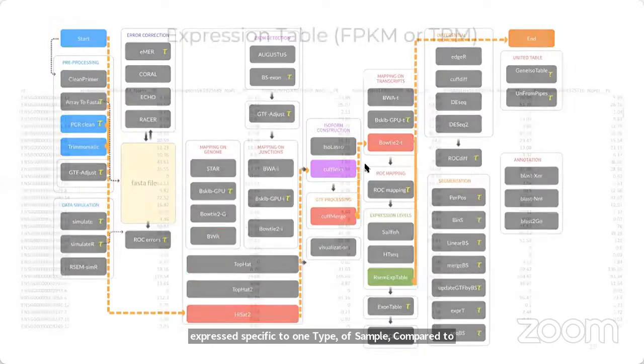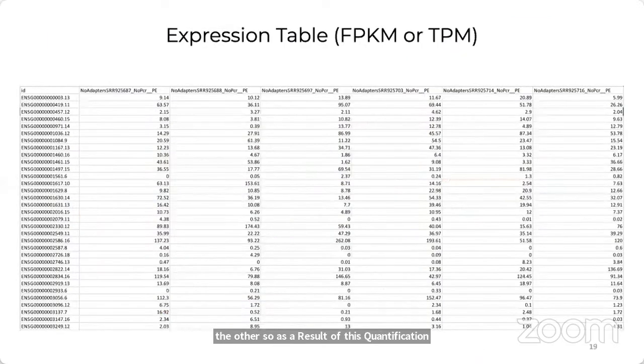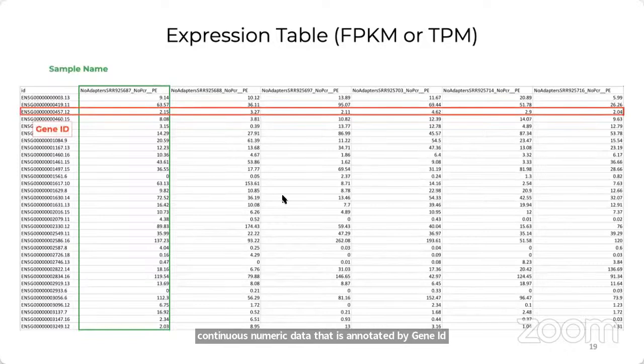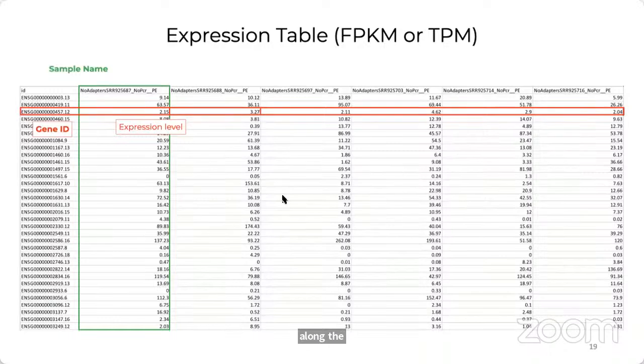So as a result of this quantification of the RNA-seq data, you will be able to obtain a table of continuous numeric data that is annotated by gene ID and organized consistently across different samples in a given experiment. So you will have, for example, along the columns, the expression levels that are quantified for different samples, and along the rows, the expression levels quantified for different genes as given by their Ensembl ID in this case.